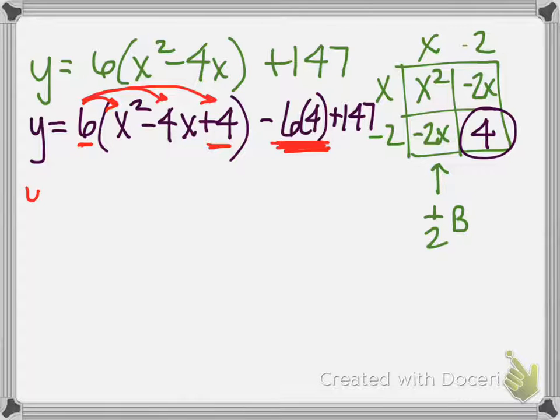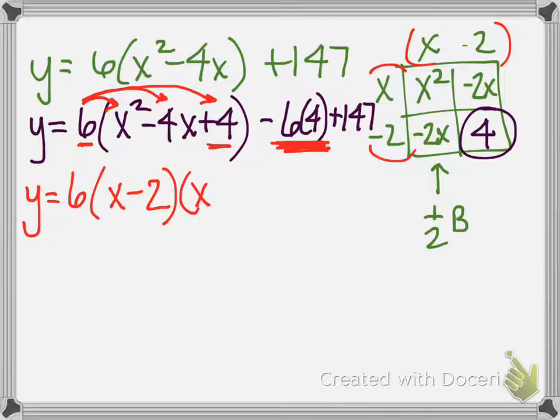Okay, so now continuing to get to vertex form, I'm going to factor the x squared minus 4x plus 4, which factors into what I have in my square already. So x minus 2 times x minus 2. The outside is minus 24 plus 147.